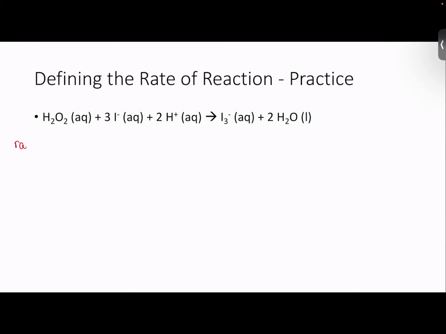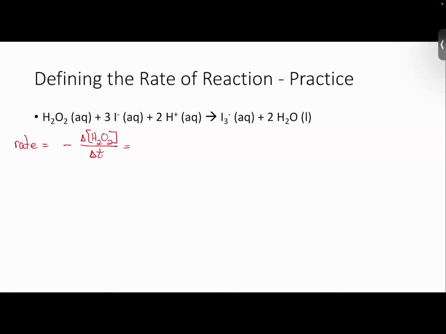First of all, the rate equals the change in concentration over the change in time, so it's the change in peroxide concentration over the change in time. But because peroxide is a reactant, it is disappearing, so we put a negative in front of it.